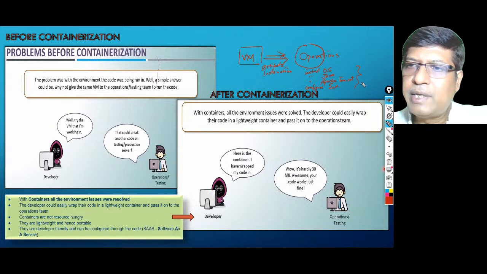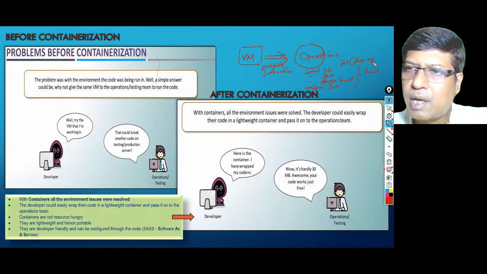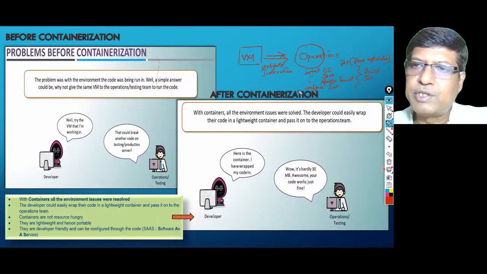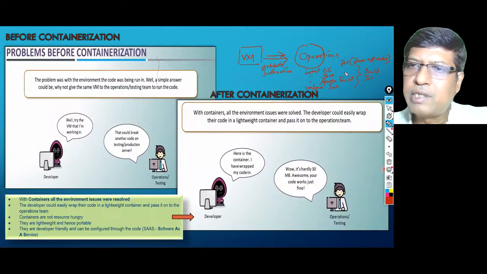But then while he is trying to build the code as a jar file, the jar file has to be again built. A jar file is a Java application archive file. Say there are 100 Java files, you want to compile them into one jar file.